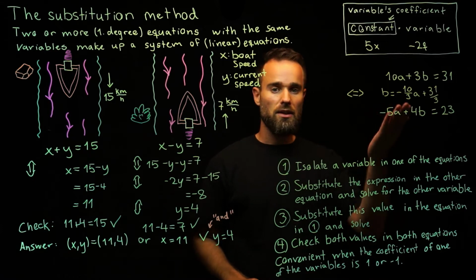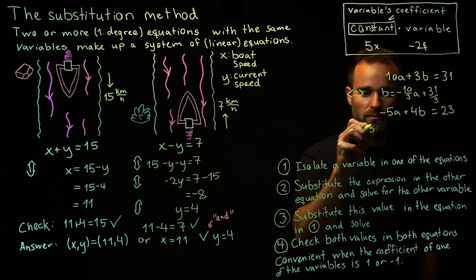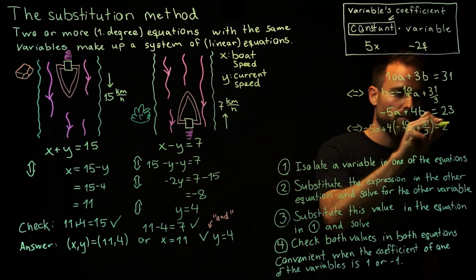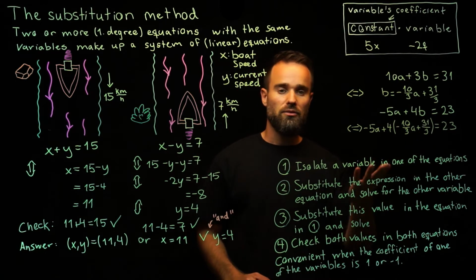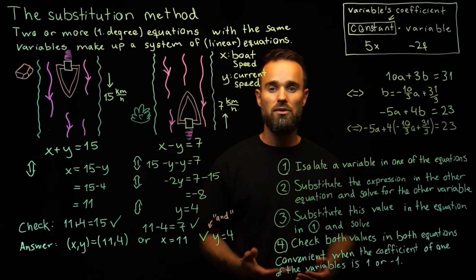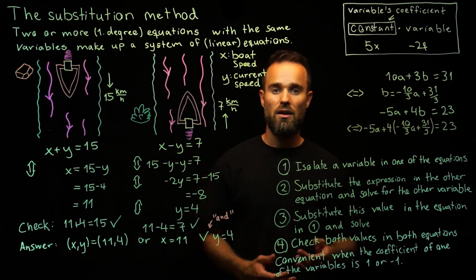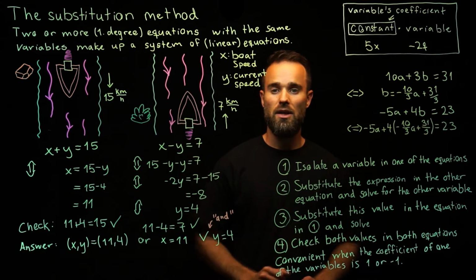And substitute this in the other equation. We can solve this equation for a, but it's going to be a bit of work. And that's because we used the substitution method despite none of the coefficients being positive or negative 1. Let's instead use another method.